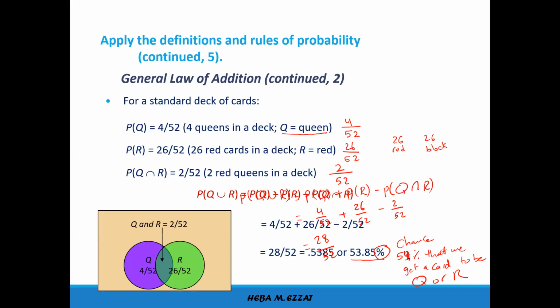This is a very important result because the probability of getting red is 50%, and the 4% refers to the additional amount from getting the two queen cards. And of course we have to subtract the intersection between the two events. So I think this example clarified the concept of the union between two events.